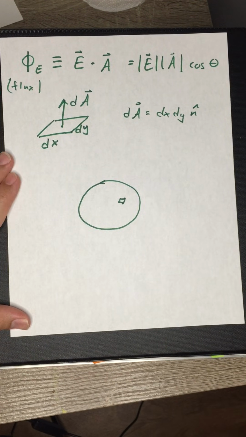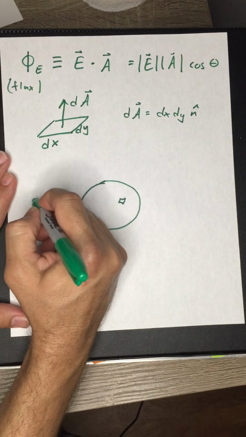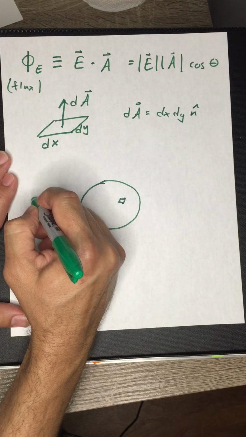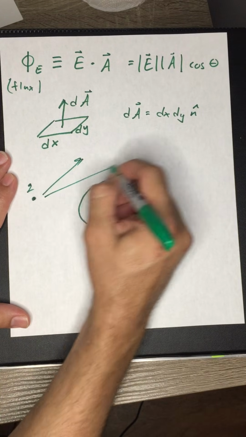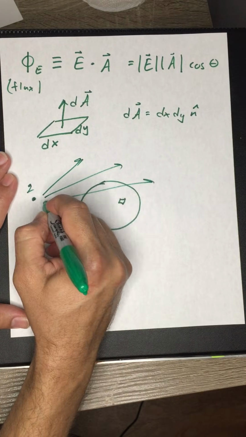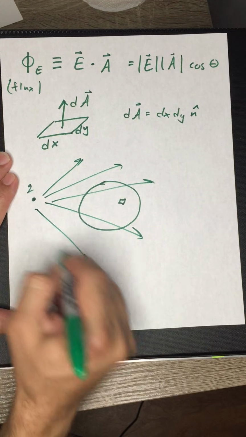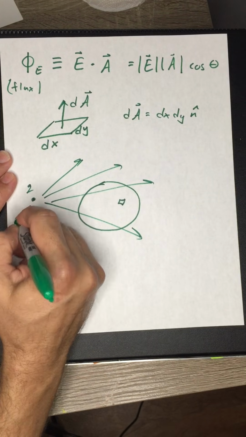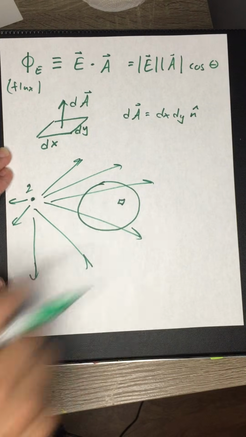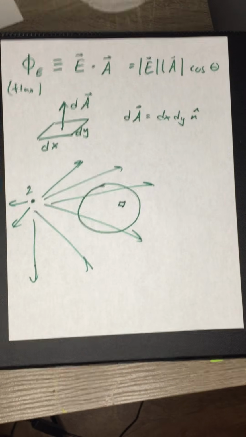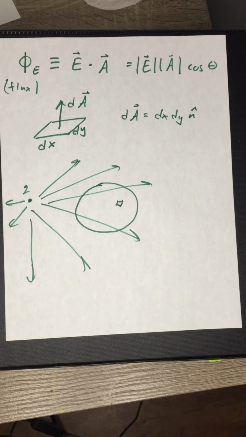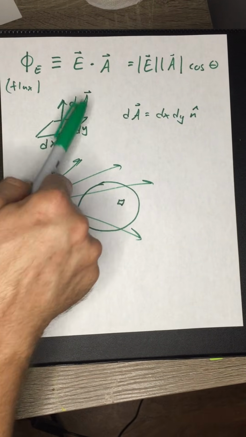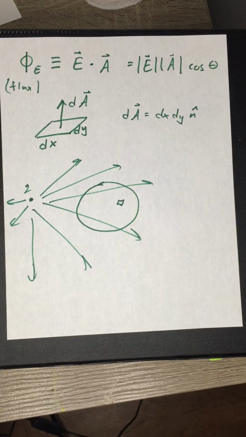Now, I want to make the contention that if I put some sort of charge here that's going to be producing an electric field, it certainly appears that there is going to be some sort of flux through this surface, this closed surface.